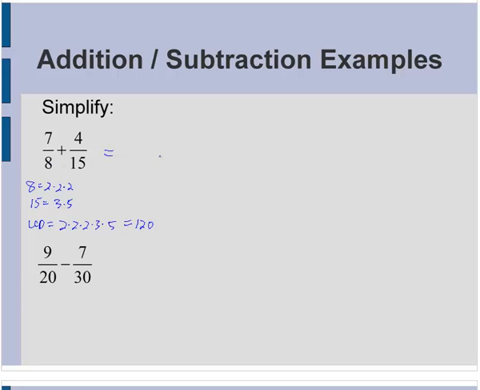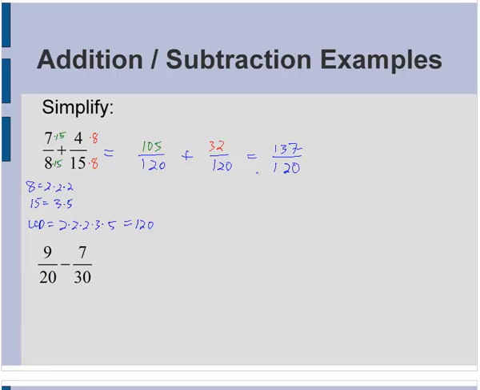So over 120 plus over 120. 8 times 15 is 120. 7 times 15 is 105. 15 times 8 is 120, and 4 times 8 is 32. And so this gives us 137 over 120.